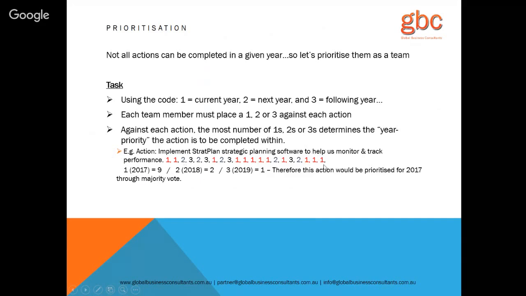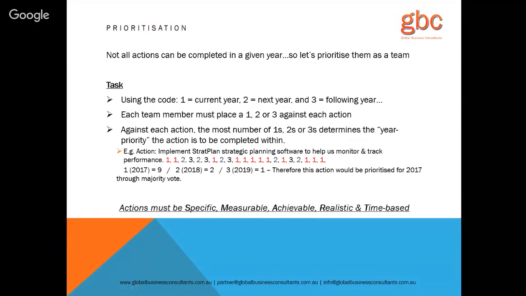The number 2 was second, so that means that it was prioritized for 2018. And the number 3 appeared less frequently, so it means that it's going to be prioritized for 2019. Therefore, this action should be prioritized for 2017 because it had the most number of votes. If 3 was the most number, it would be prioritized for 2019. If 2 were the most, it would have been prioritized for 2018. So in this case, the most votes was 1, so it's prioritized for 2017.